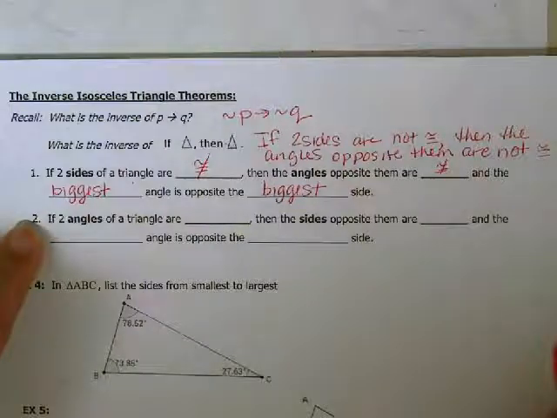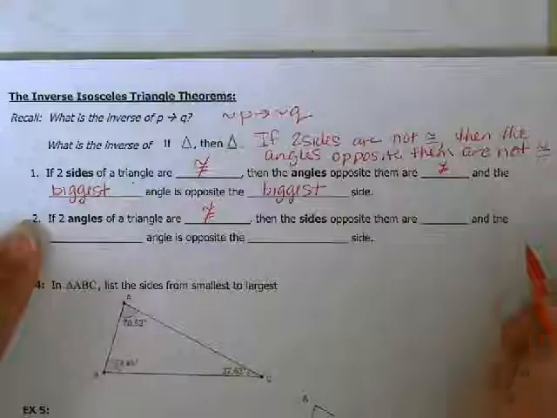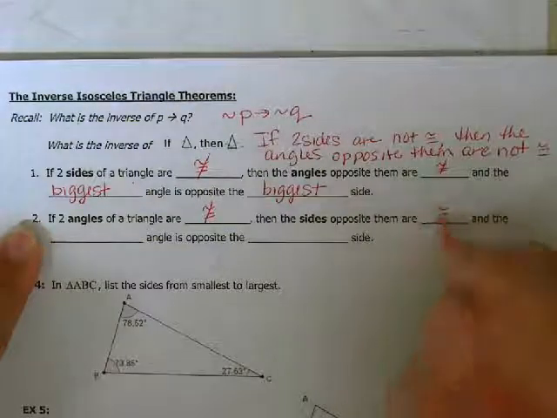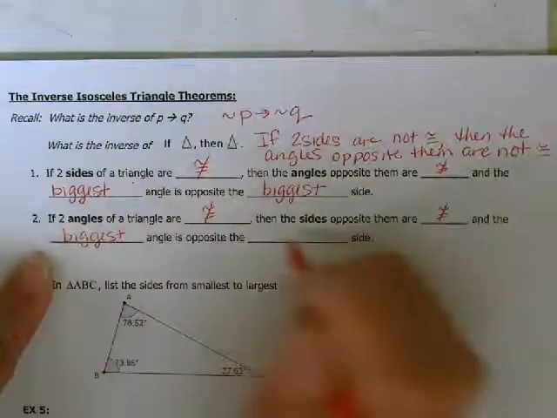And then again, it goes the other way with the angles. If two angles of a triangle are not congruent, then the sides opposite them are not congruent, and the biggest angle is opposite the biggest side.